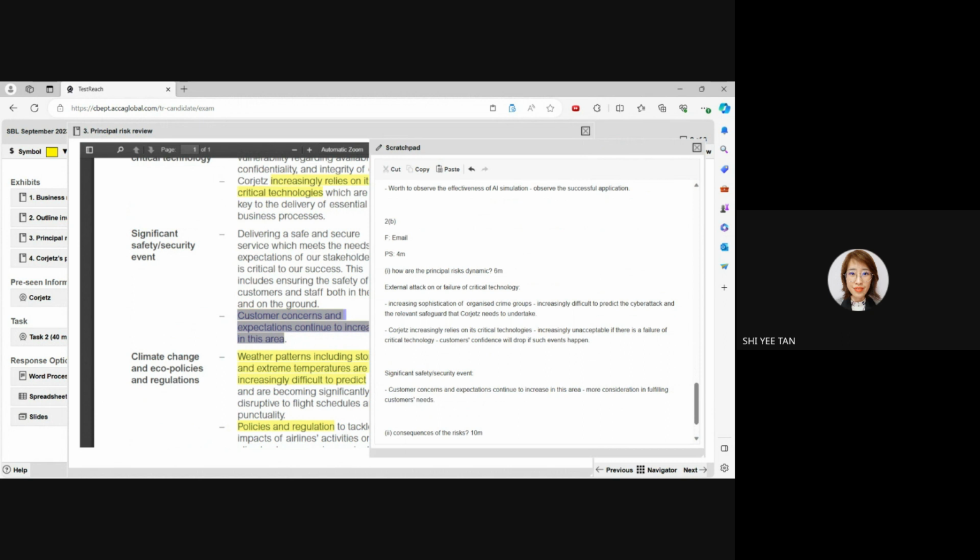So when the concern is more, there are more areas to consider, more aspects that you need to integrate in decision making. Right. So that shows the dynamic nature of this so-called risk, right?